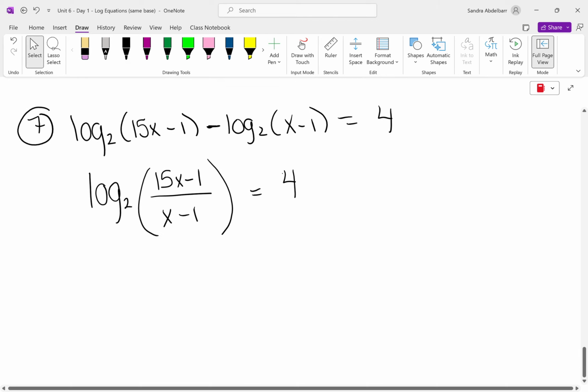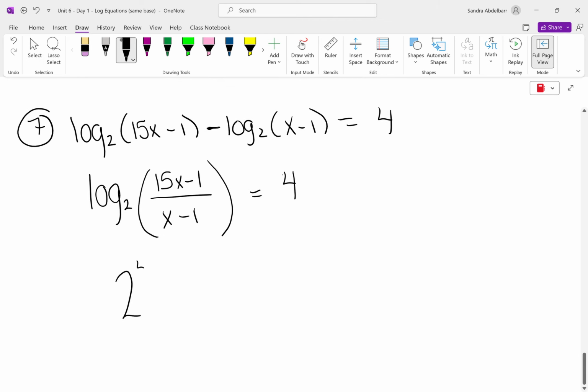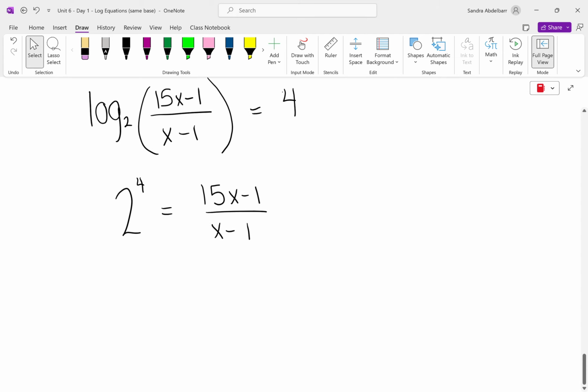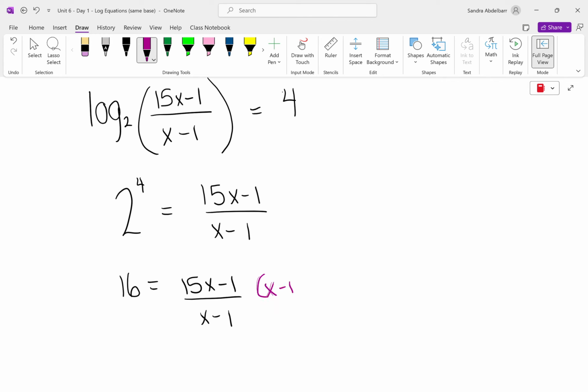Am I down to just a log and its argument on the left side? Yeah, so now we change it back to exponential. So this is going to be 2 to the 4th power is equal to our argument, which is 15x minus 1 over x minus 1. 2 to the 4th power is 16. What should I do to solve this? Multiply by x minus 1 on both sides.